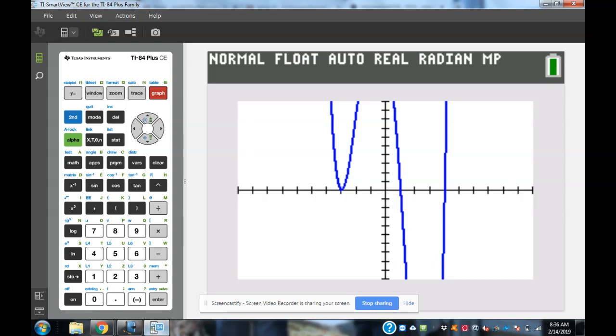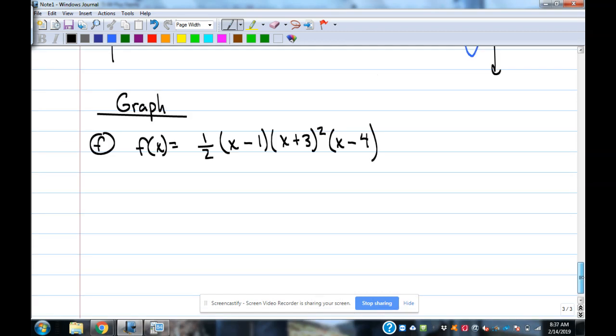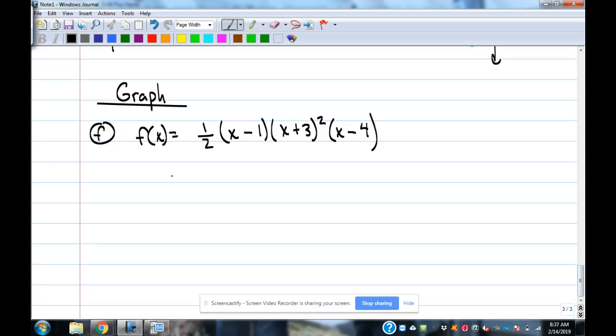Notice what's happening on the graph at x equals negative 3. It's just bouncing off the x-axis there. We saw that in Algebra 2, that a factor with an even multiplicity touches the x-axis or bounces off of it. A factor with an odd degree crosses the x-axis. That's going to help us as we build up later on.